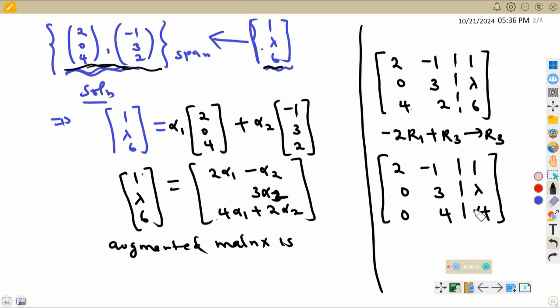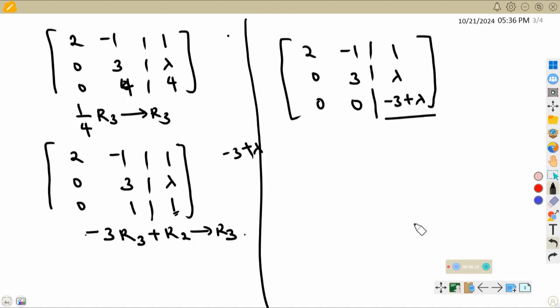And if this value is nonzero, it implies the system is inconsistent. But if the solution exists, then this one here should be equal to 0, because if this is equal to 0, then we shall have infinitely many solutions, and it will be 0, 0, 0, which means the system will be consistent.